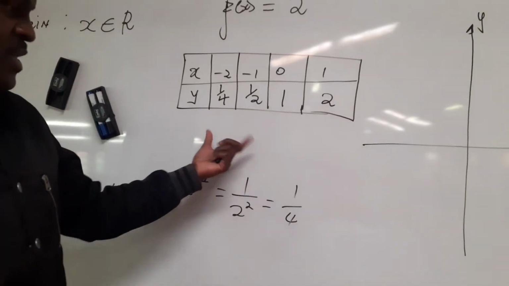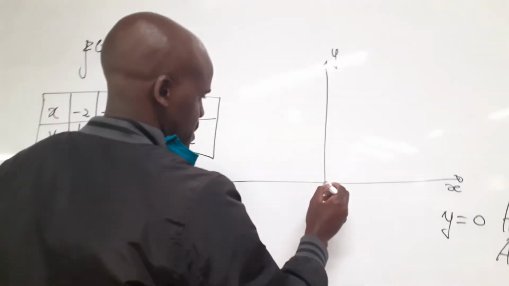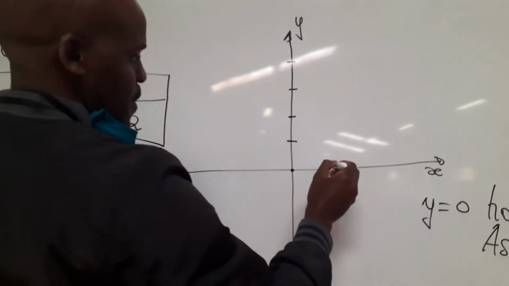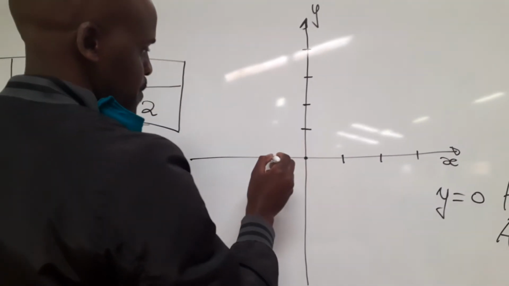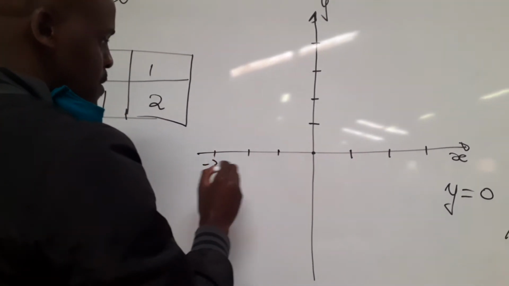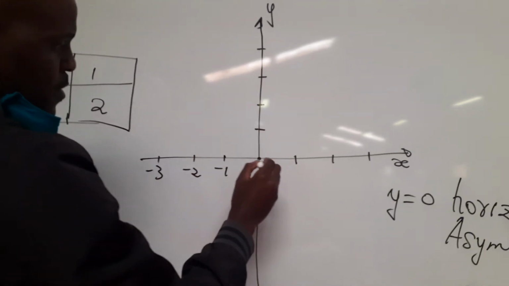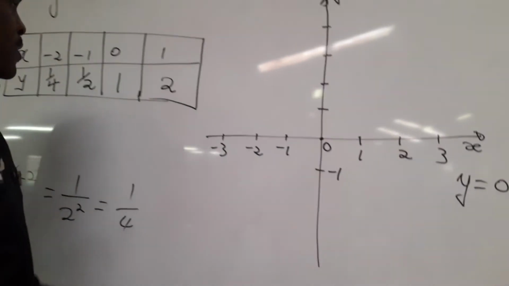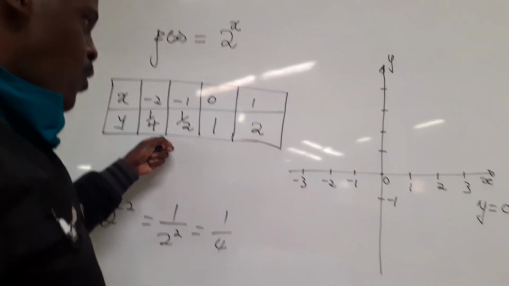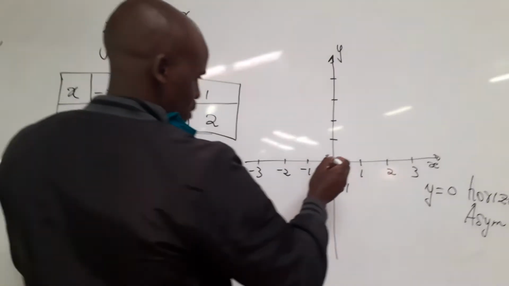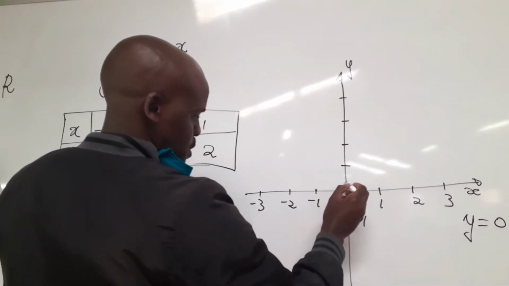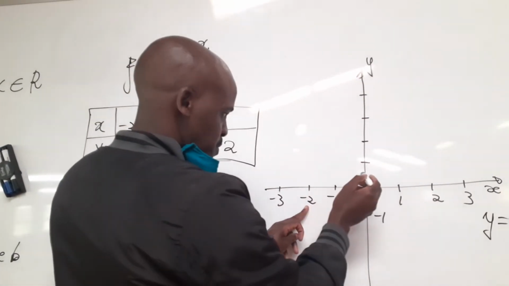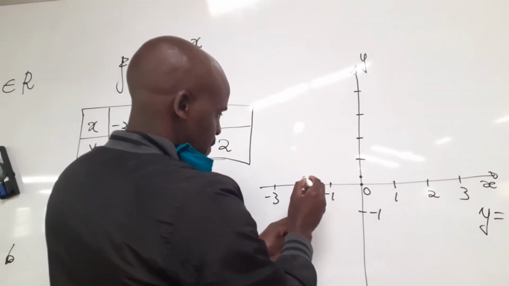Right, let's sketch this graph. We've got -2 is to 1 over 4. 1 over 4 is a quarter. So if x is equal to -2, y is equal to 1 over 4, just below half. That point should be there.